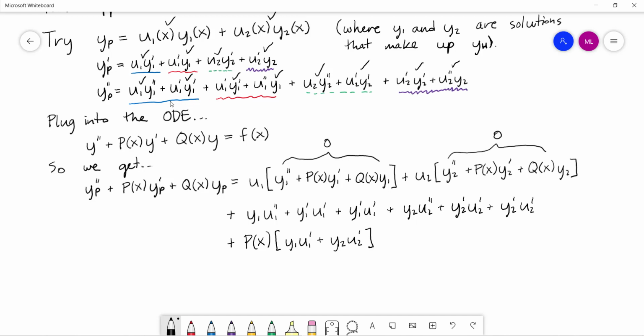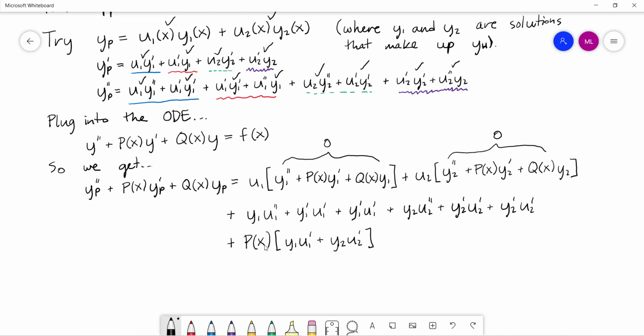So I grouped those first set here, they went to 0. I kept the remaining six terms from here, they're written here, the ones that didn't contribute here and here. And then the last two pieces were these two right here, which have been accounted for right here. They were in the yp prime term, right? Yp prime, which had to be multiplied by the p of x. So that's where this p of x came from.